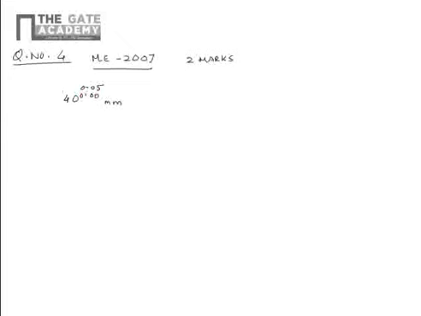The mating shaft has a clearance fit with minimum clearance of 0.01. So minimum clearance equal to 0.01 mm. So he has mentioned it is clearance fit. So the tolerance on shaft is 0.04 mm.